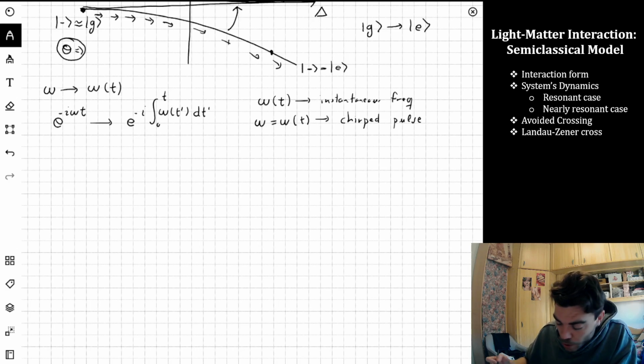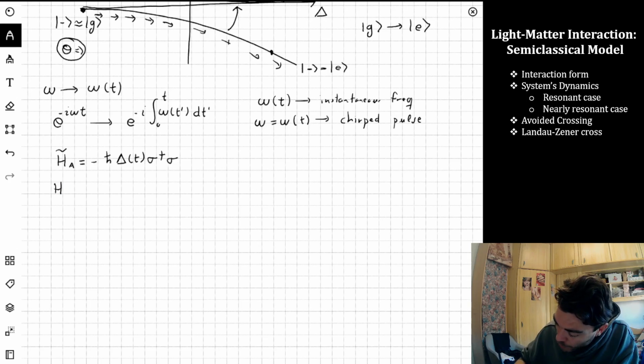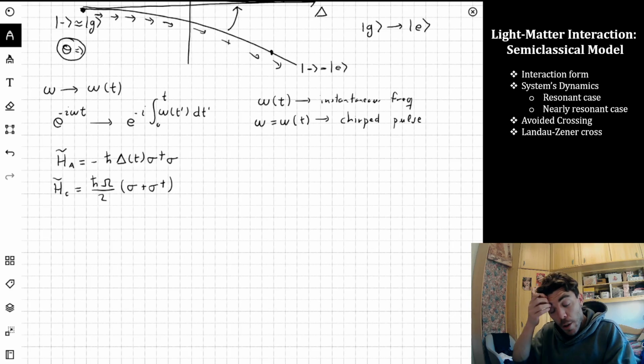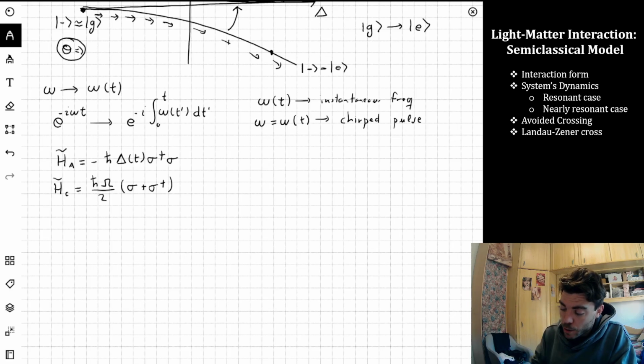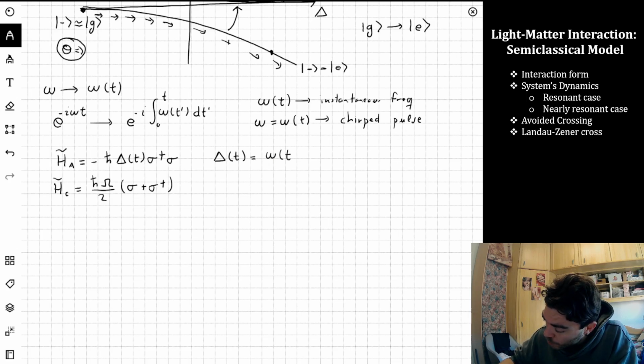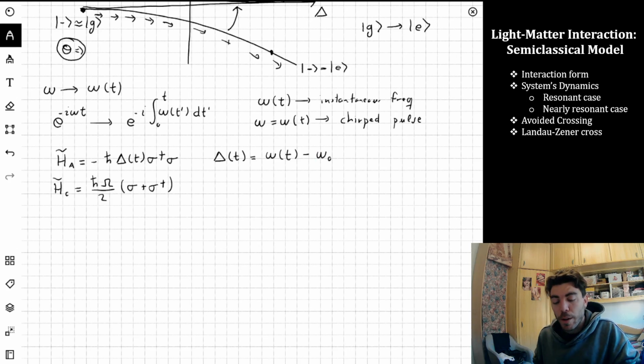Alright. So now the Hamiltonian of the atom in the rotating frame would be minus h bar delta(t) sigma plus sigma minus, and the Hamiltonian of the coupling would be h bar omega divided by 2 sigma plus plus its conjugate. This didn't change. The Hamiltonian of the coupling is the same. We are just moving the frequency. Obviously, the detuning now depends on time because this is omega(t) minus omega 0.